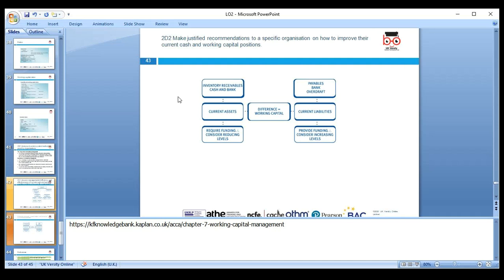So 2.D is also a distinction criterion: recommendation. We need to draw some recommendations on how we can improve it. Like, we can look at hedging foreign currency to improve cash flow or reduce risk. We can look at receivables, maybe discounted invoices, or maybe we can give what's called a settlement discount.